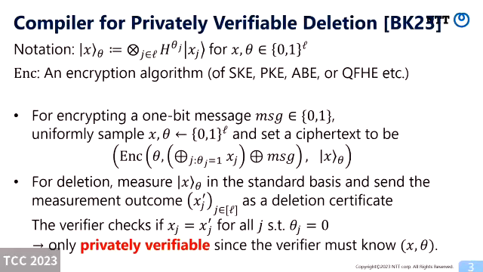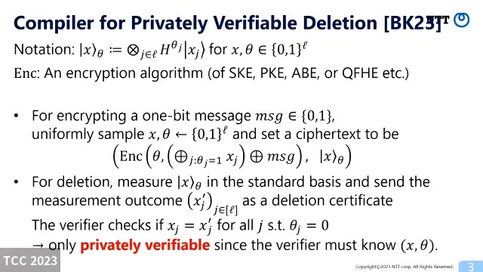Before explaining our idea, let me first introduce the previous compiler for privately verifiable deletion by Bartusek and Khurana. This is the notation. For an L-bit string x and theta, x sub theta means the BB84 state corresponding to x and theta. And Enc is an encryption algorithm of some encryption scheme that may not support certified deletion.